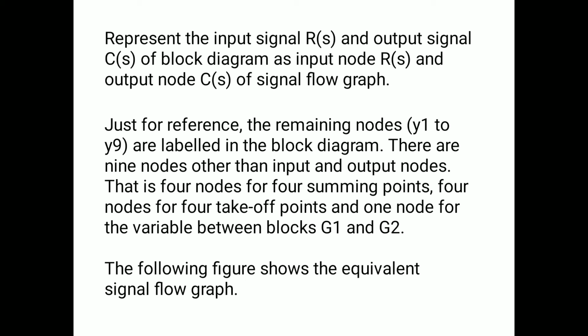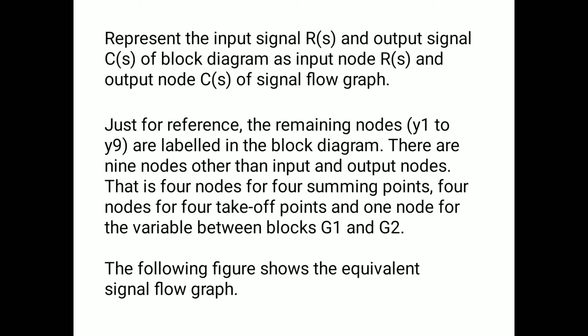Represent the input signal R(s) and output signal C(s) of block diagram as input node R(s) and output node C(s) of signal flow graph. Just for reference, the remaining nodes Y1 to Y9 are labeled in the block diagram.